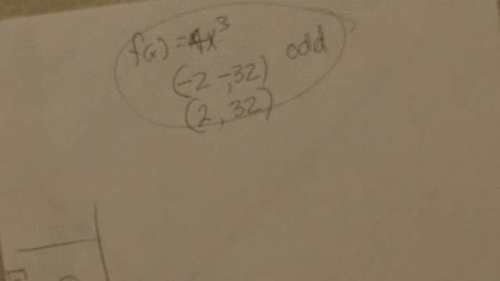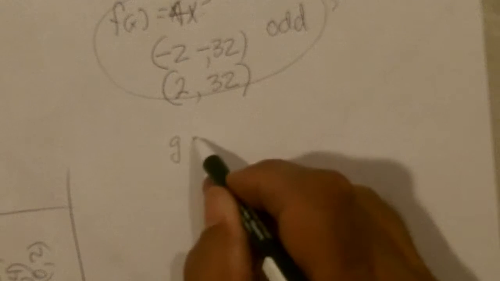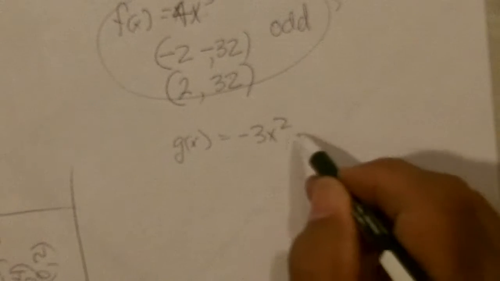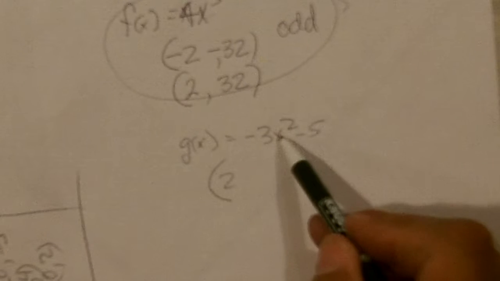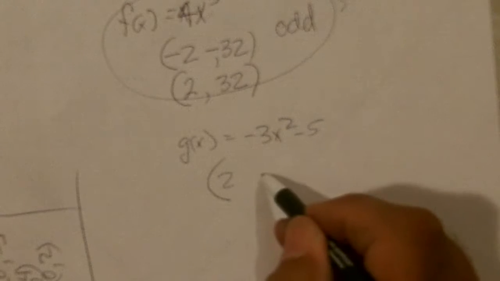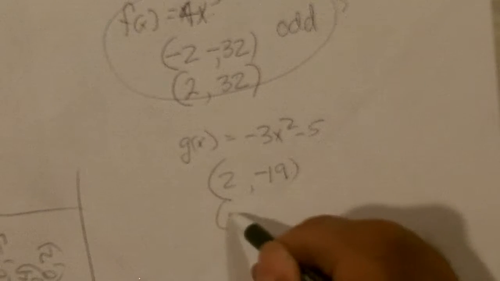39, we'll do the same thing. So we have g of x is negative 3x squared minus 5. If I put in 2, 2 squared is 4 times negative 3 is negative 12 minus 5 is negative 19. Let's put in negative 2.